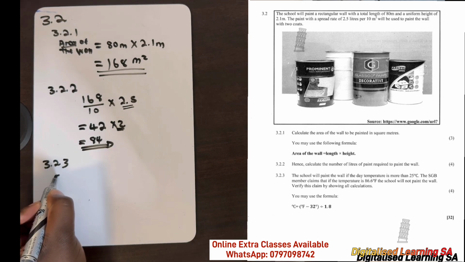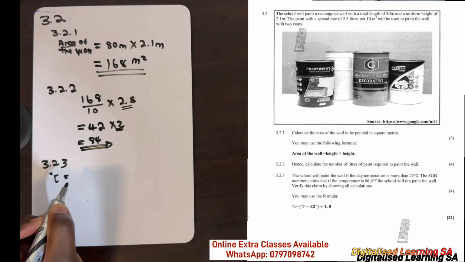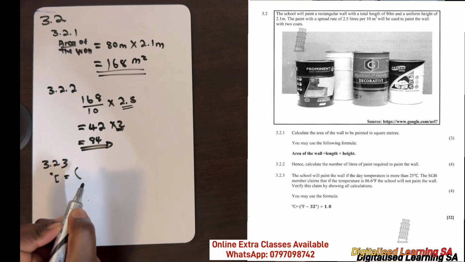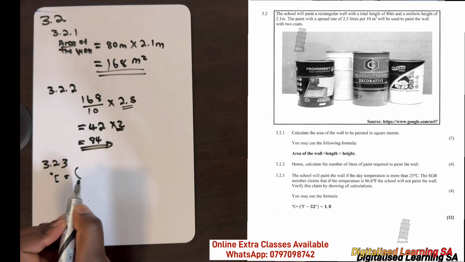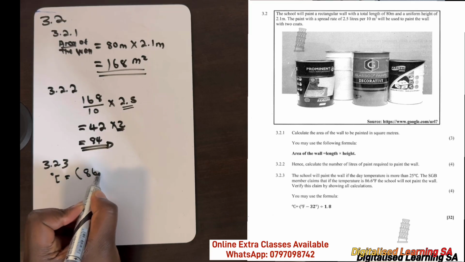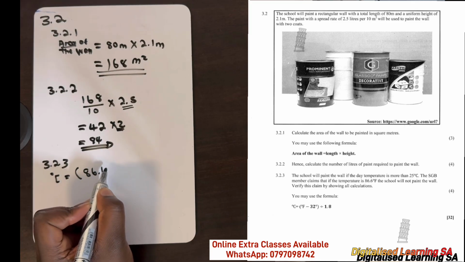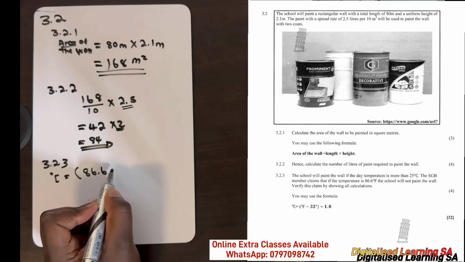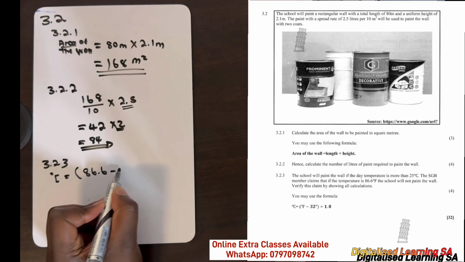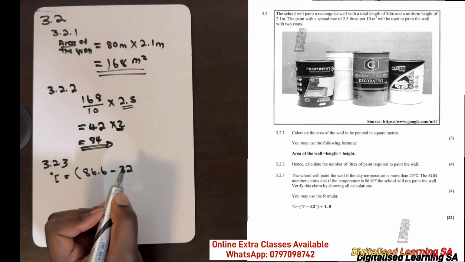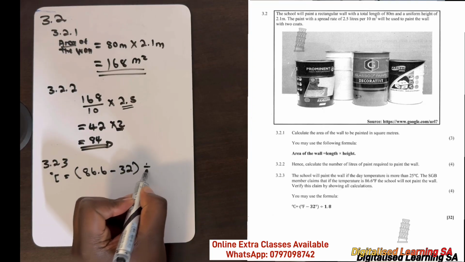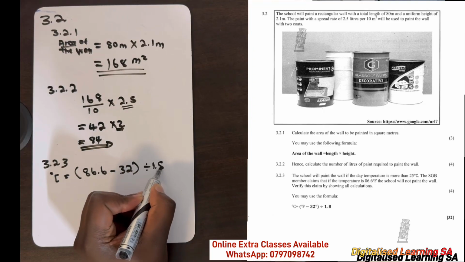So we are looking for the degree Celsius. So now we replace the Fahrenheit, which is 86.6, minus 32, divided by 1.8.